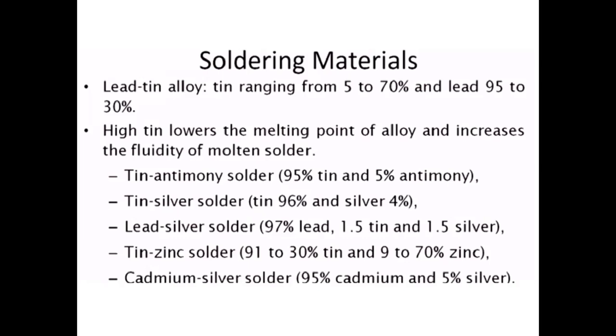That is one point to consider. A higher composition of tin will lower the melting point and increase the fluidity, so increases the flowability of that molten solder. When it is melted, it will be able to flow easily and cover the weld area like that.